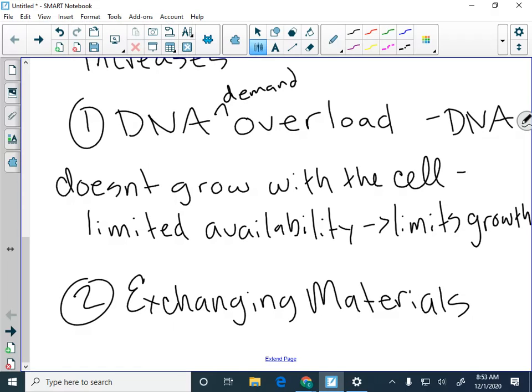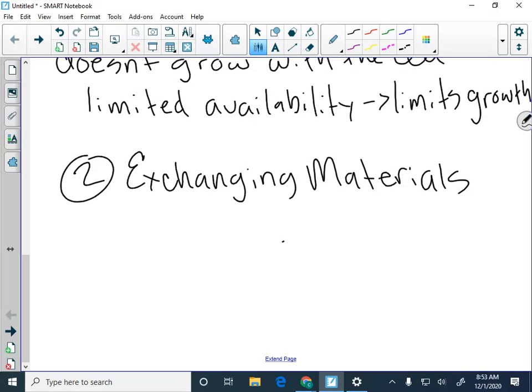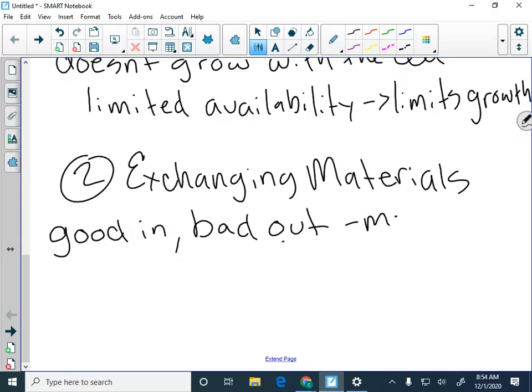So, cells, just like our bodies, we get good stuff in, we want bad stuff out, right? So, food, oxygen, water in, bad stuff out, wastes, etc. And those move through cell membranes.